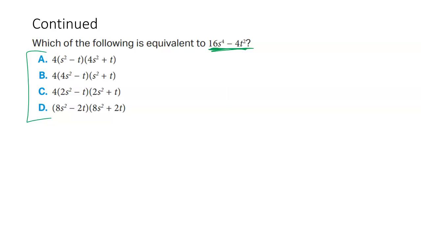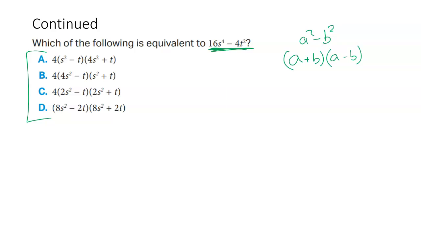We have a difference of squares. A difference of squares always factors to a sum and difference of the roots. So we have a special case polynomial. Okay? Perfect difference of perfect squares.